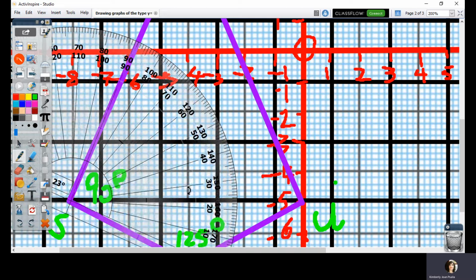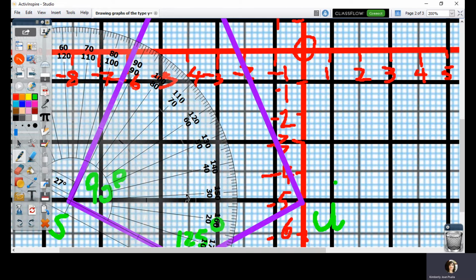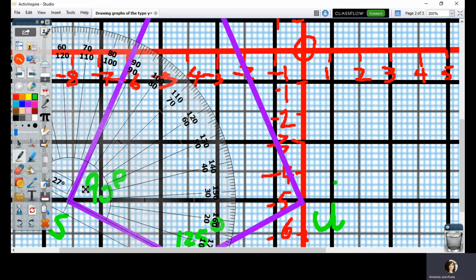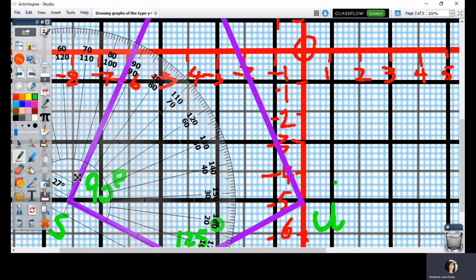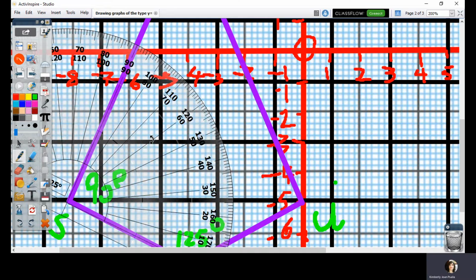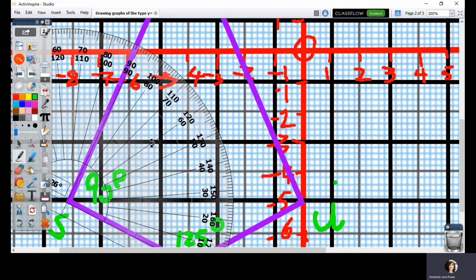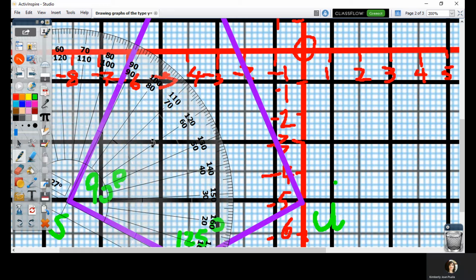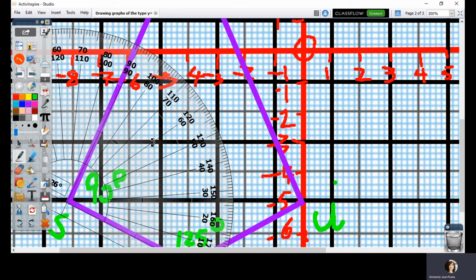Let me check again. Yes, it was my mistake, I hadn't noticed my protractor. Since I am using a computer, it is a bit difficult to be as exact as possible. Here it is showing me that it is 92 degrees.